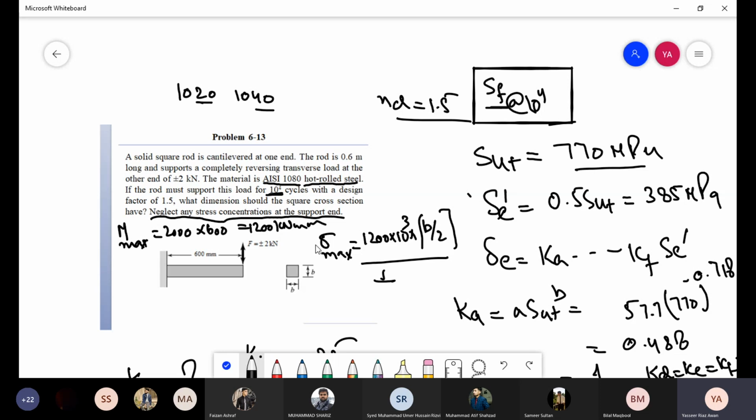So the moment of inertia in this case is 1/12 bh cube. So B is the same, so B into B cube. So this is for maximum stress. So we have to equate it with our fatigue strength value using suitable safety factor.